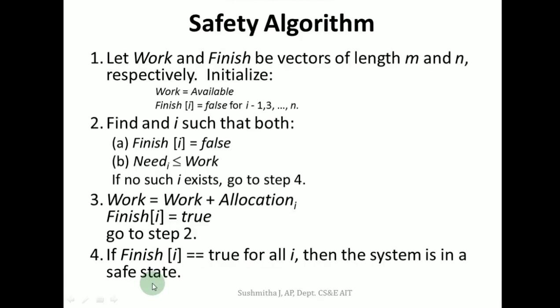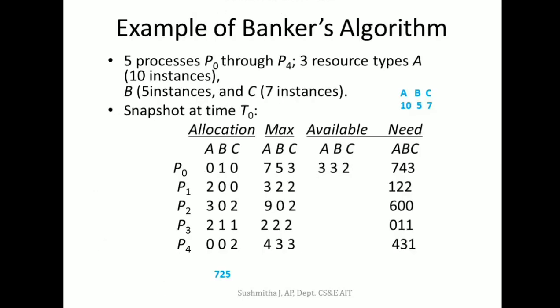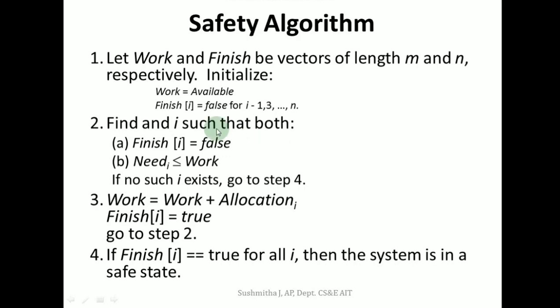If I have to take this down with an example, see here, my available is 3 3 2. Now what is the need of the first process P0? It is 7 4 3. What does it tell? The need must be less than the work, that is your available. Is it less?